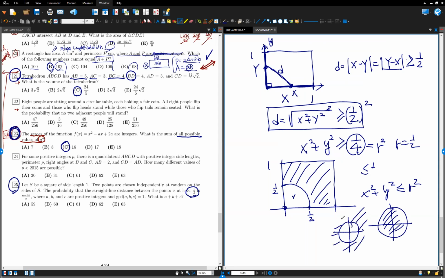Outside. It's okay? This is x squared plus y squared greater than r squared. Okay, totally different. Right, this question is at least 1/2, right? At least 1/2 is greater, right? So if we choose a point in this right shaded region, that is working. Okay?